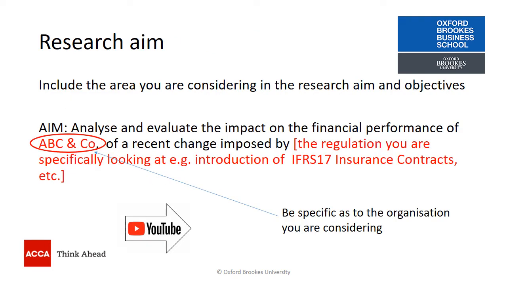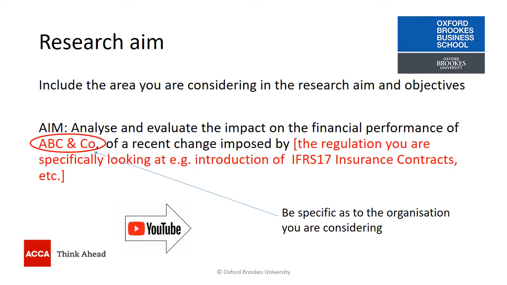It's very important that you include specifics within your research aim. So for this topic, the specifics relate to the areas in red. Be specific about the organisation you are considering and be specific about the regulatory change that you are introducing.